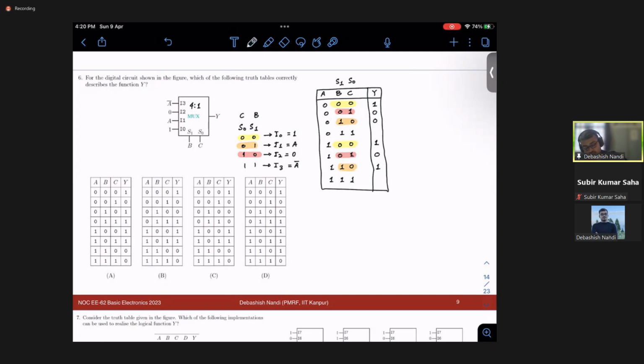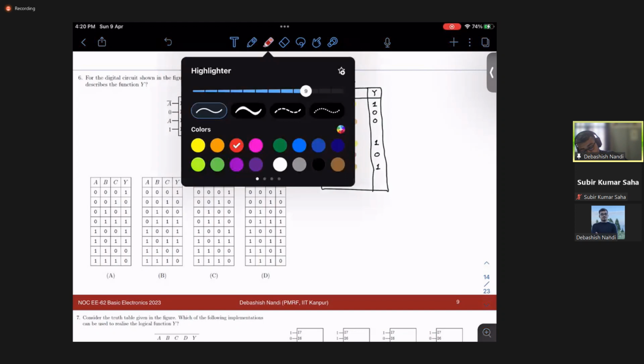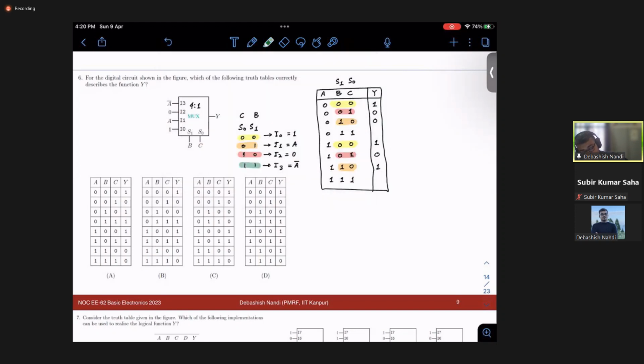And the remaining stuff will be this case, right? A bar. So your A bar will be nothing but the inverting of this. So 0 will be 1, 1 will be 0, right? So your correct sequence would be this one, right? 1 0 0 1 1 0 1 0.